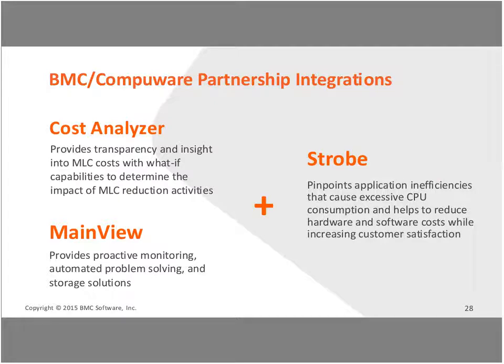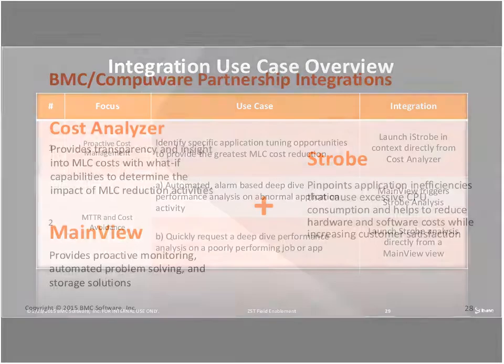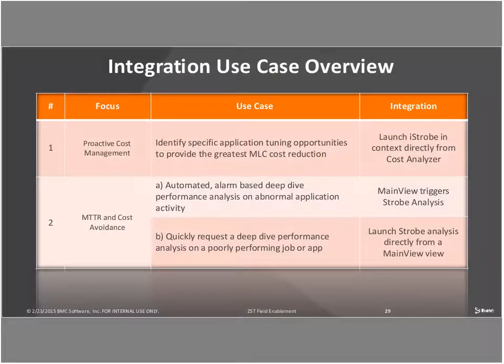So Cost Analyzer gave you the ability to understand what the cost drivers are, and eventually you'll get to the question of how do I improve the code in an application that's driving a lot of the peak usage, and that's where Strobe can provide the answer.